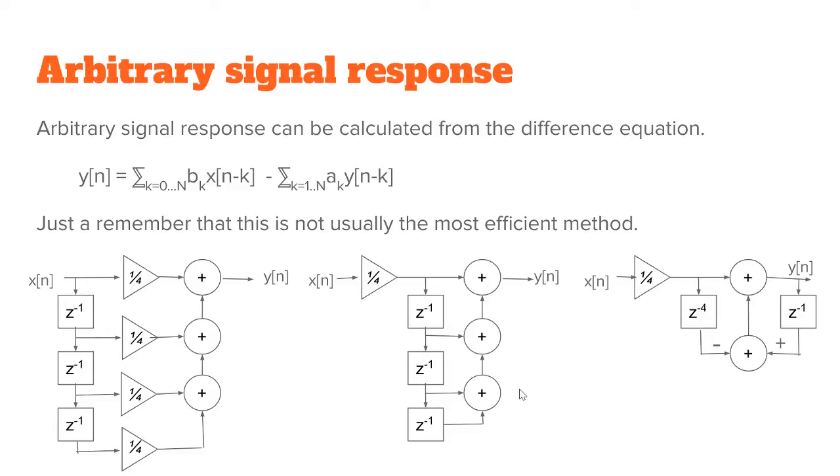More memory though, since this one requires 4 memory locations here, this is 1, so total 5. But memory is cheap, while multiplications will take time, whereas addition is usually a single cycle operation. Anyways, the rightmost is the most efficient way to calculate it.